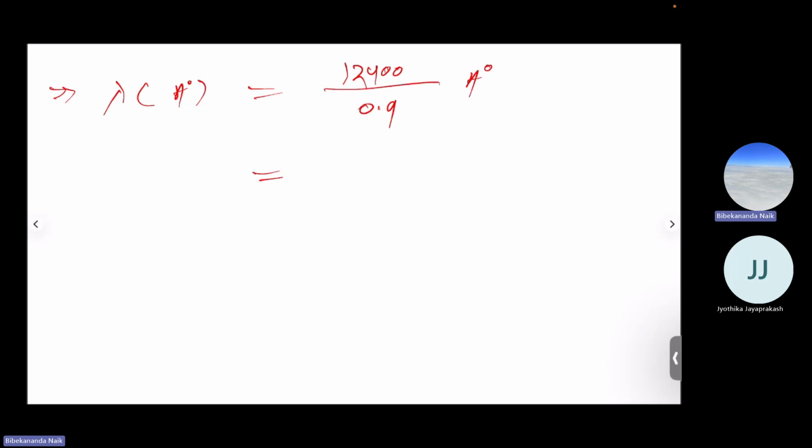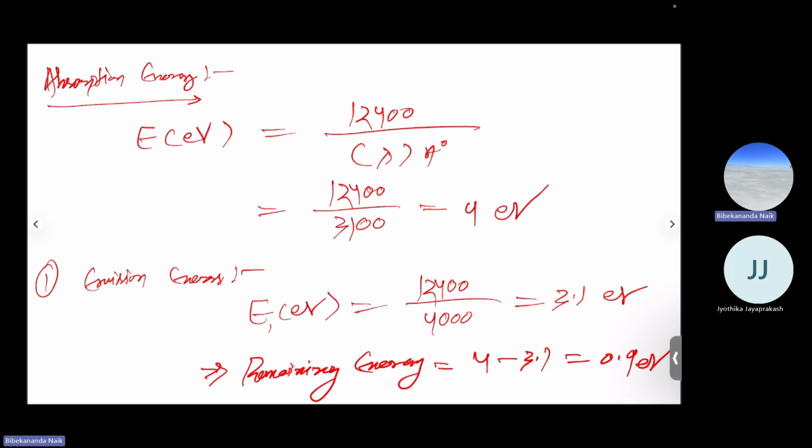So it will be 13,777.7 Angstrom. So the remaining energy of 0.9 eV corresponds to 13,777.7 Angstrom.